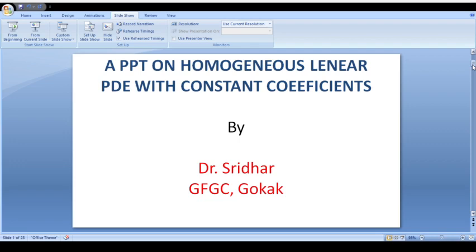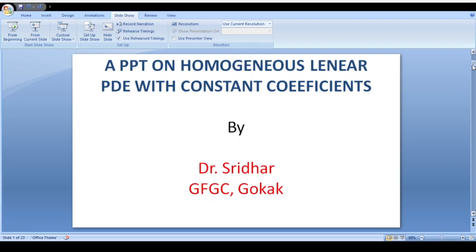Here you have some rules to find its complementary function and also to find particular integral. If you are perfect with these rules, then it is very easy to solve such homogeneous linear partial differential equation with constant coefficients.